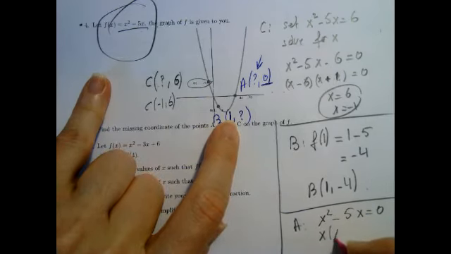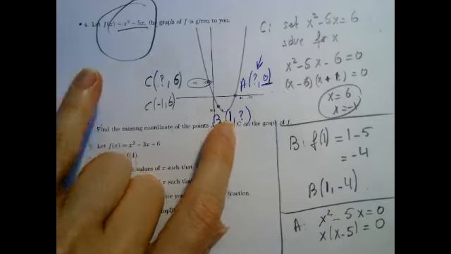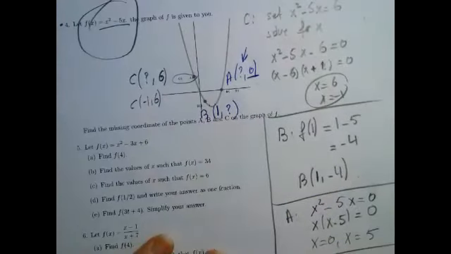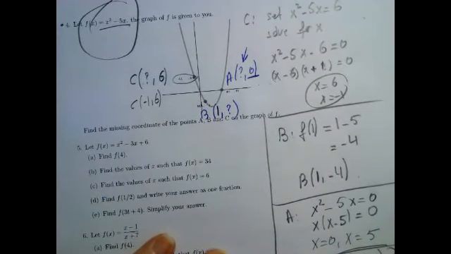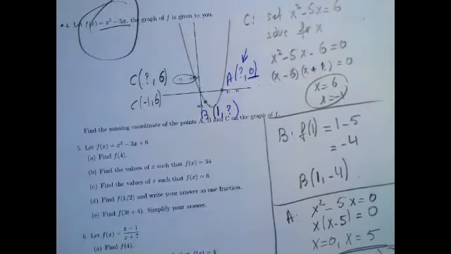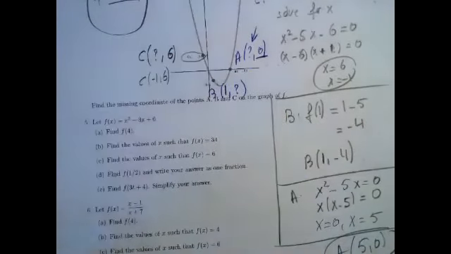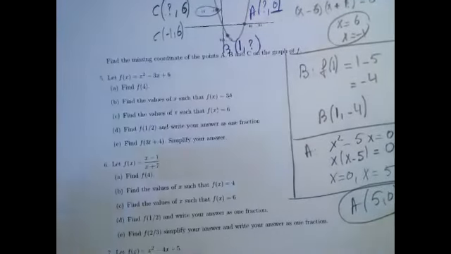So you factor out the x and you get x equals 0, x equals 5. Looking at the picture, my A has to be (5, 0). Okay. So again, the goal of this problem is to understand what this formula is really telling us and what the relationship is between the graph and the formula itself.